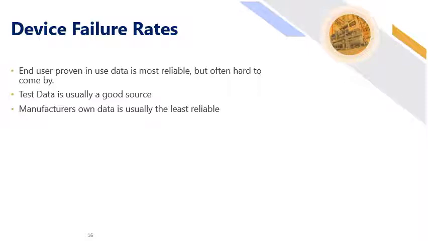The third place to get data from is the manufacturer's own data, although this has to really be used with caution, as it is the least reliable. It's usually data that has been gathered from testing with clean services and will not relate directly to the conditions that you're going to be operating the device in.